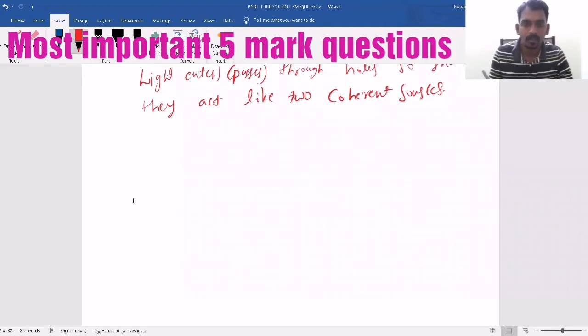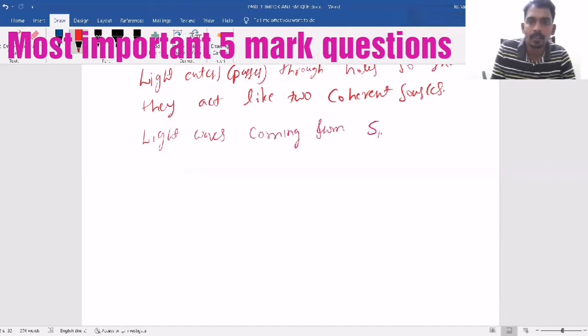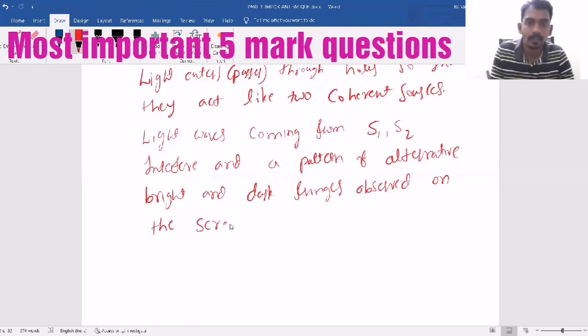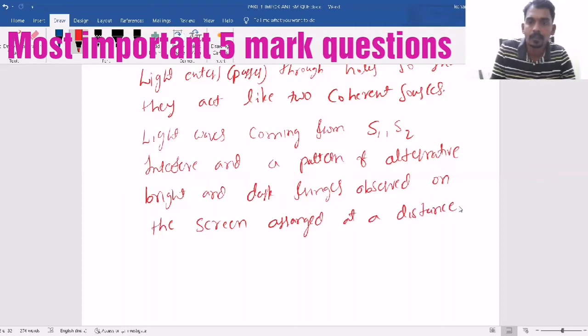Now, here, the light waves coming from S1, S2 interfere and a pattern of alternate bright and dark fringes is observed on the screen arranged at a distance capital D from the slits.